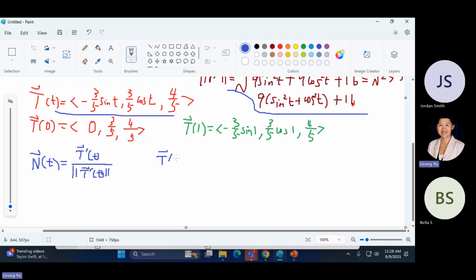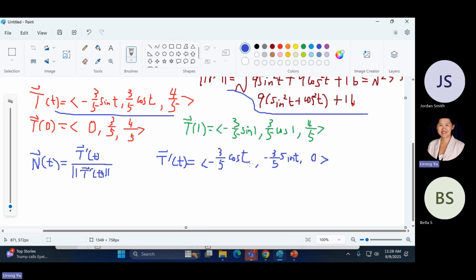T prime is the derivative of T. The derivative of sine is cosine, so that's negative 3/5 cosine t. The derivative of cosine is negative sine, so it's negative 3/5 sine t.